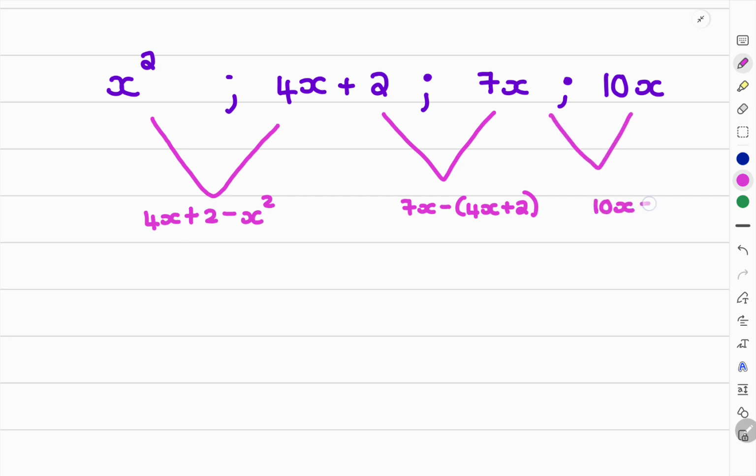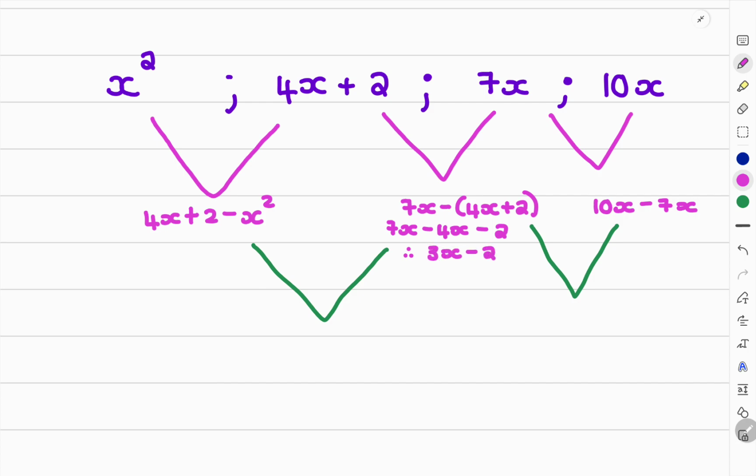Over here it's 10x minus 7x. Now for the second constant difference where they're going to equal each other, let me just simplify here: 7x minus 4x minus 2, which will give you 3x minus 2.